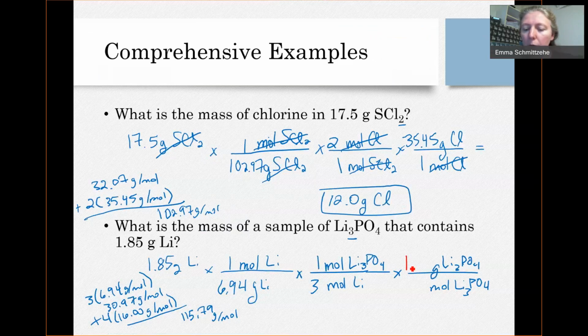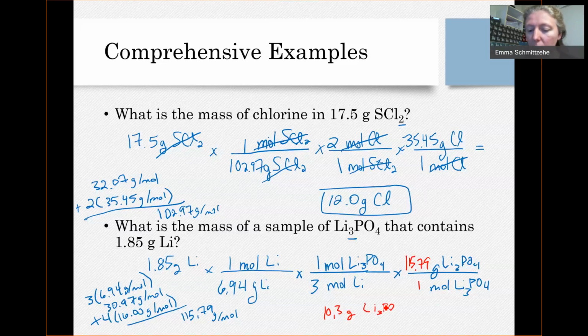So that would be 115.79 grams per 1 mole. So I'd take 1.85, divide by 6.94, and divide that by 3, and then multiply by 115.79. And so for that, I get 10.3 grams of lithium phosphate.